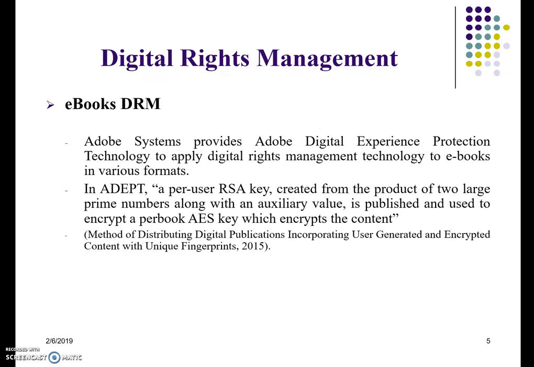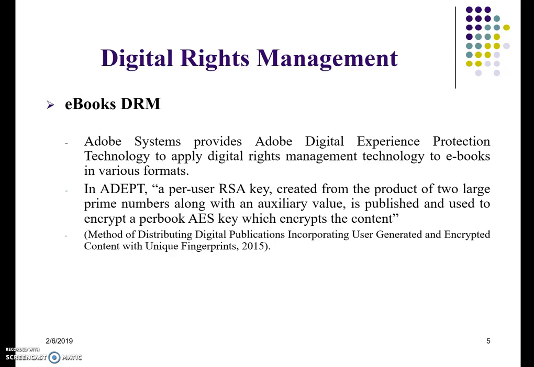eBooks DRM is the most successful area of DRM technology deployment, and it is used to protect sensitive documents produced by corporations. Adobe Systems provides Adobe Digital Experience Protection technology to apply digital rights management to ebooks in various formats.